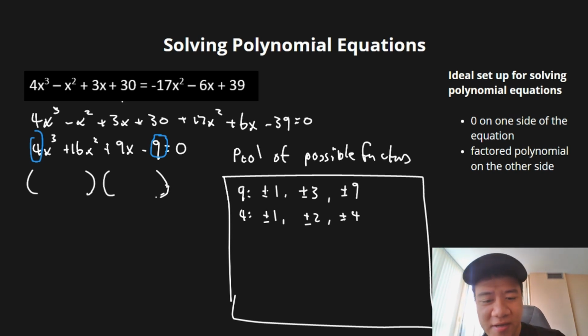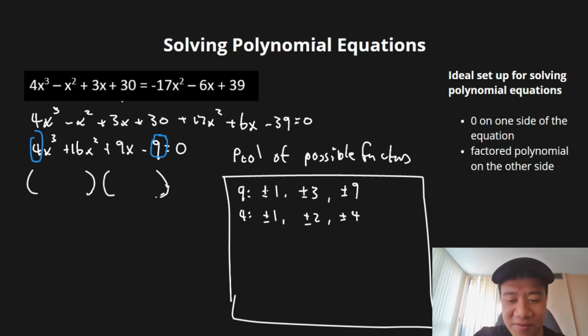Okay, so now that we've written down these numbers, the possible numbers that we're going to choose from that are going to work come from all the different ways we can choose the numbers here for 9, and we're going to divide them by all the different ways we can choose the factors of 4 down here.